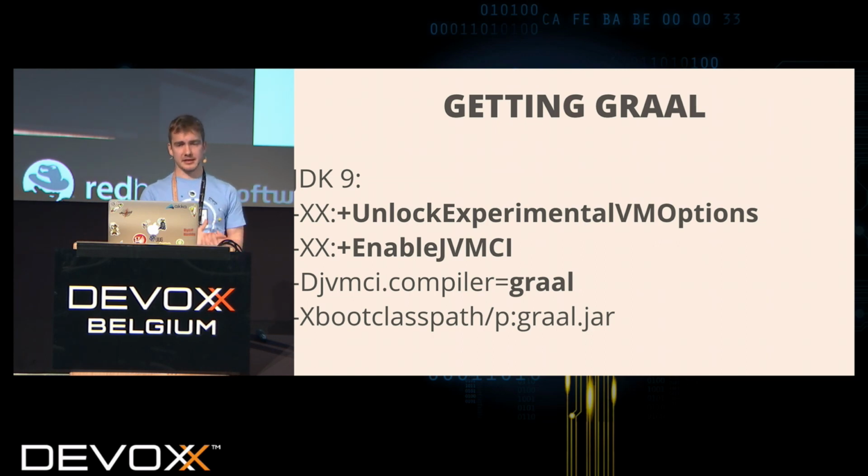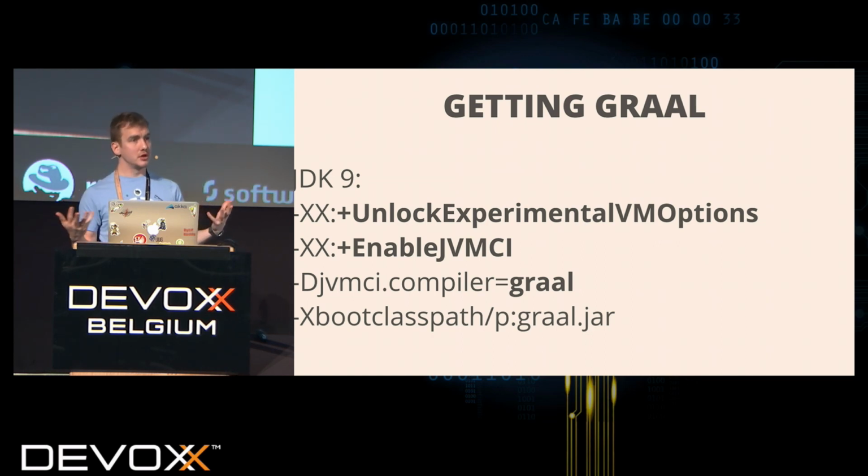JDK 9 comes with a bunch of new options, and one of them is -XX:+EnableJVMCI. JVMCI is the JVM Compiler Interface, and what it allows you with JDK 9 is to specify what compiler you would like to use to run in the JVM.